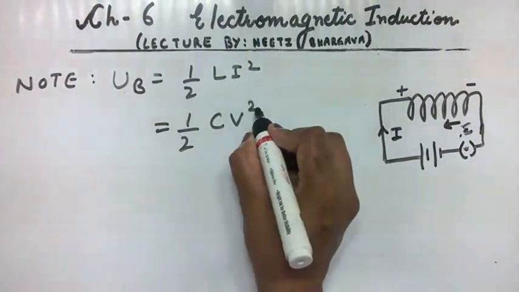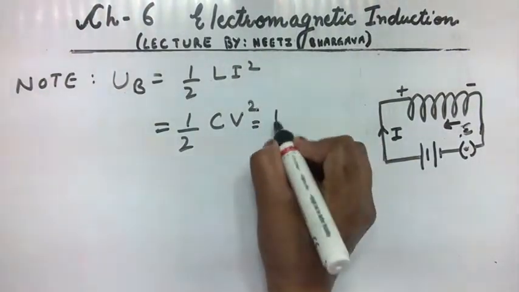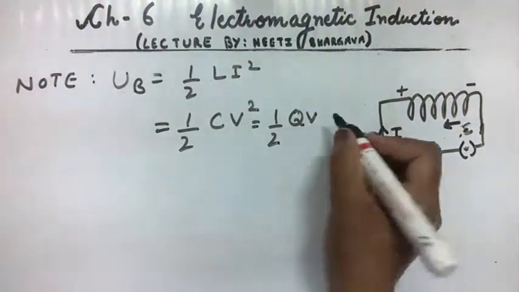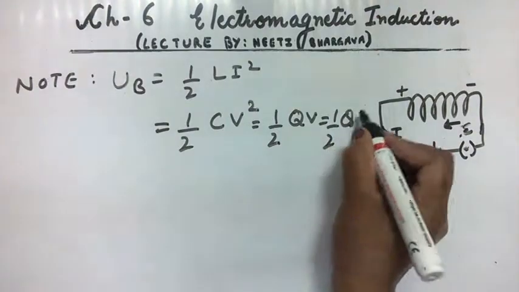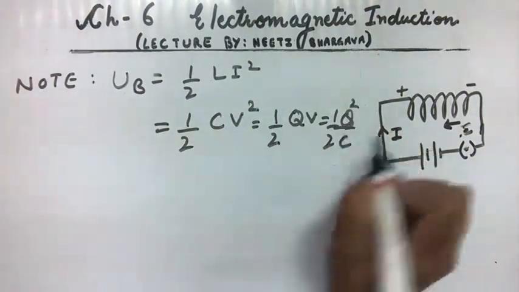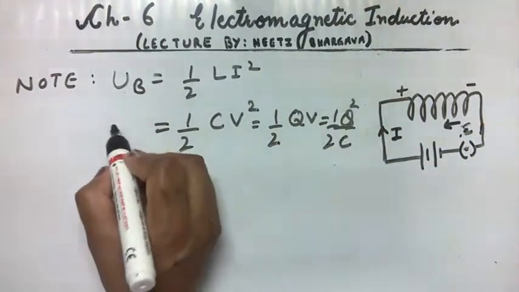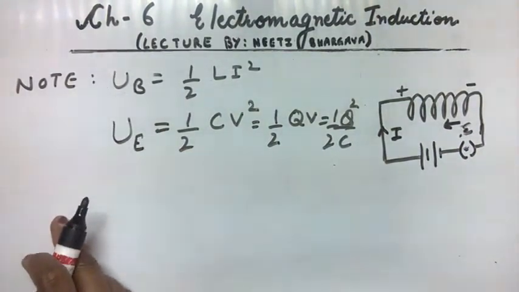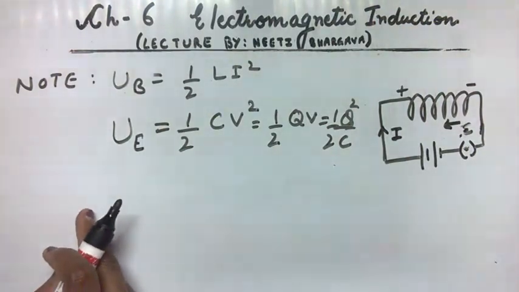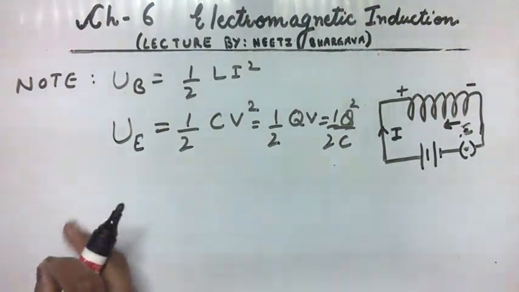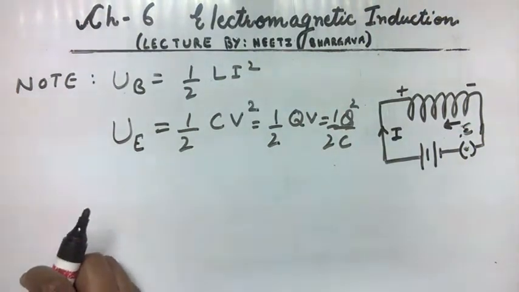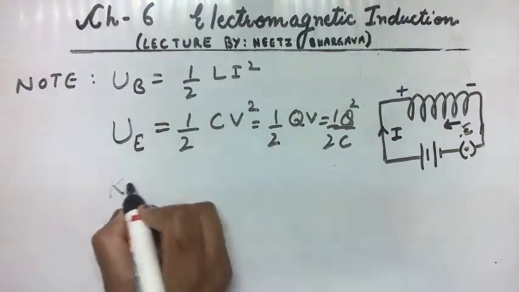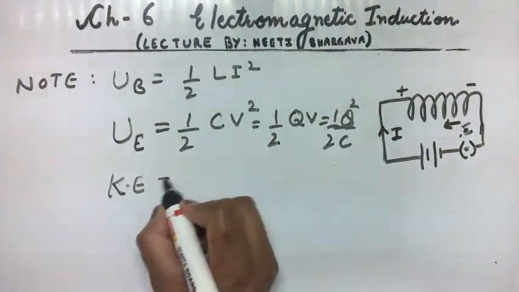It can also be written as half Q into V, or half Q square by C. Now, we have also studied in mechanics about mechanical energy in the form of kinetic energy, which is stored in any particle having mass m. So kinetic energy stored in a particle is half m v square.